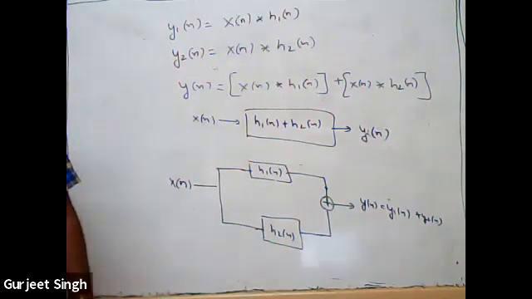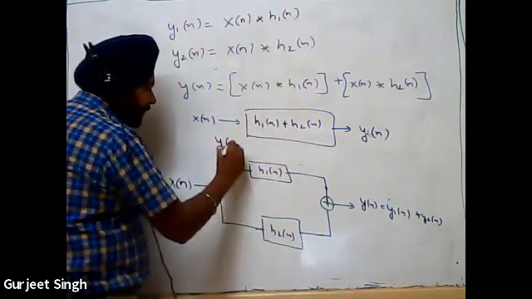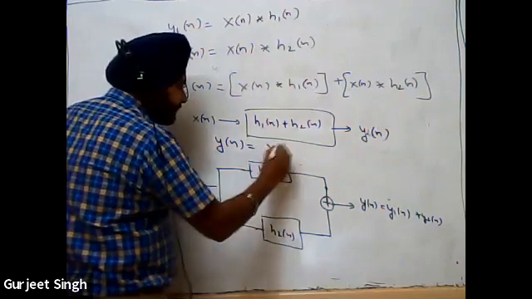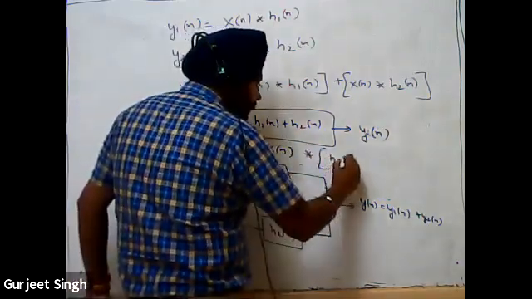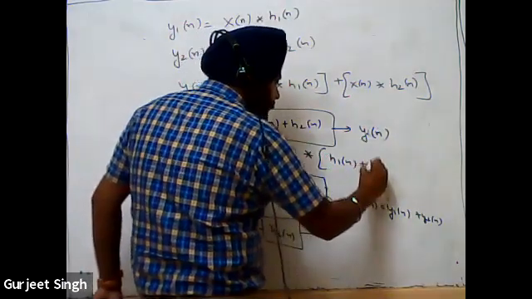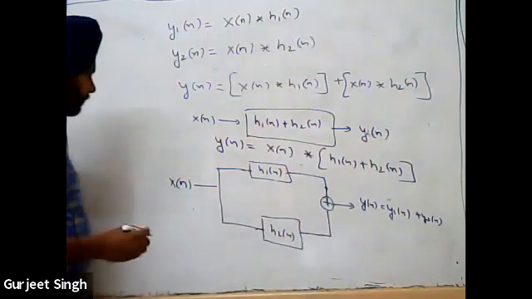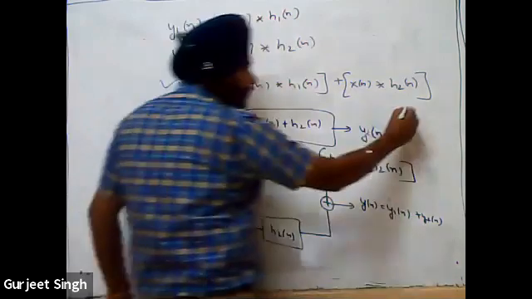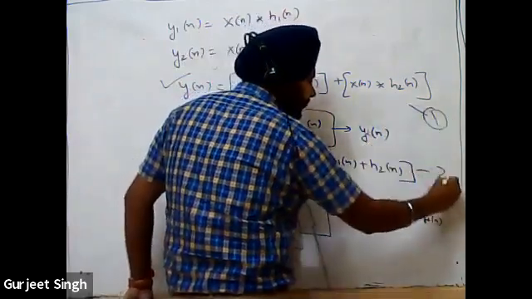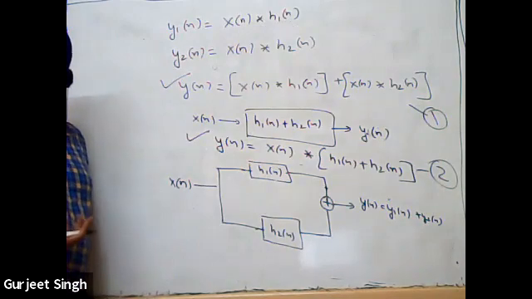So what is the output of this single system? According to the distributive property, yn is equal to xn convolution of h1n plus h2n. So this equation and this equation, this is our first equation, this is our second equation, are equal according to the distributive property.